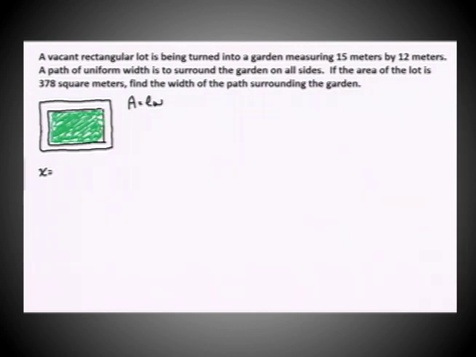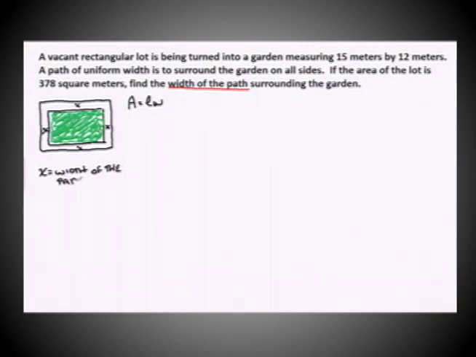So since what we're trying to find is the width of the path surrounding the garden, we don't know that value, so we'll call the width of the path x. And I'm just showing that width is the same on all sides. So x is going to stand for the width of the path.